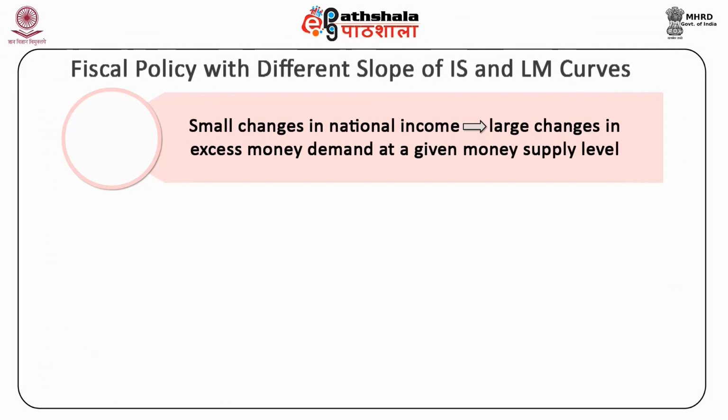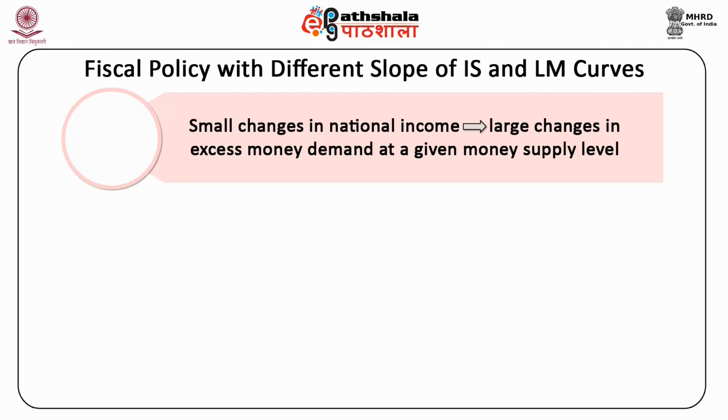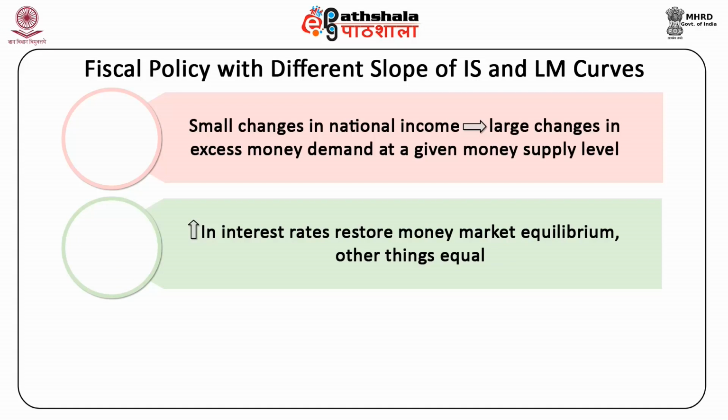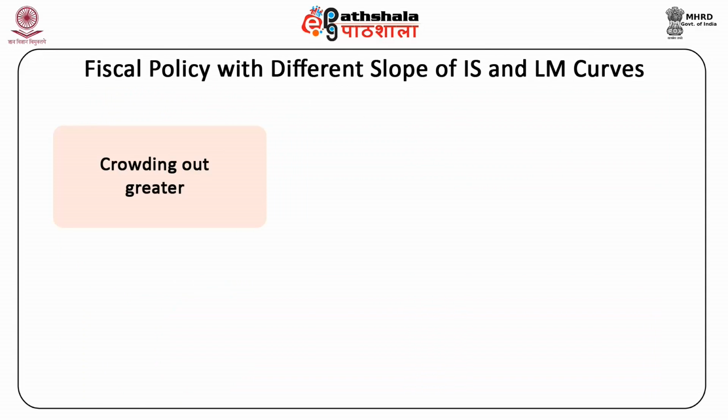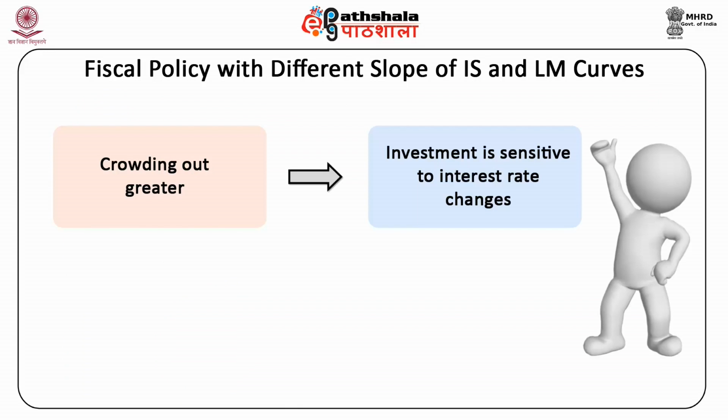Thus, small changes in national income lead to large changes in excess money demand at a given money supply level, and the rise in interest rates to restore money market equilibrium, other things equal, has to be larger as a consequence. Additionally, for a given excess demand for money, the interest rate increase that is required to restore money market equilibrium is larger. Crowding out will be greater when investment is very much sensitive to interest rate changes.